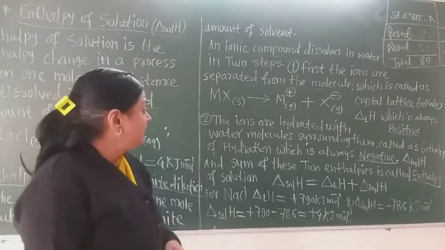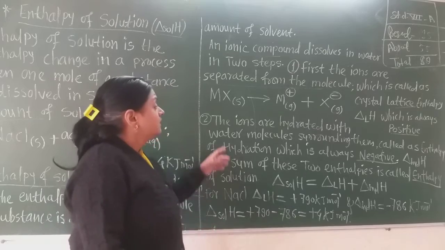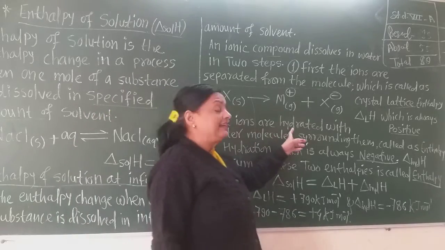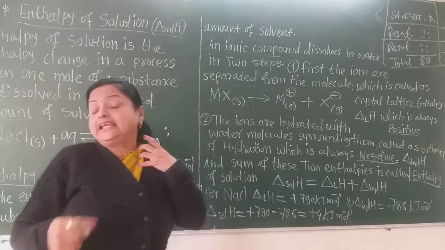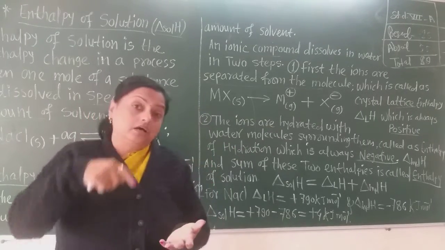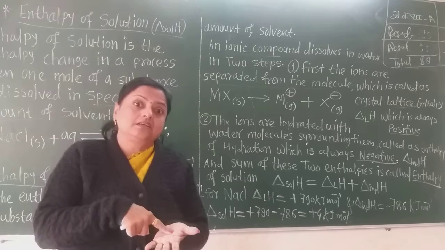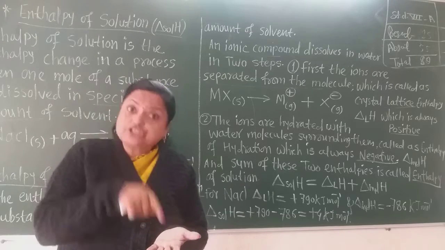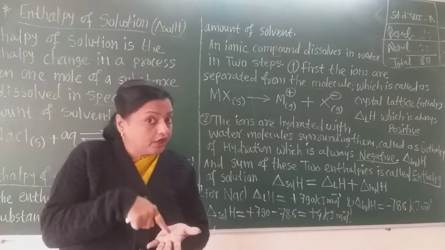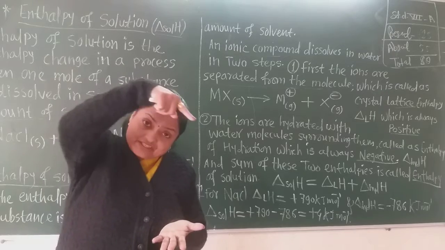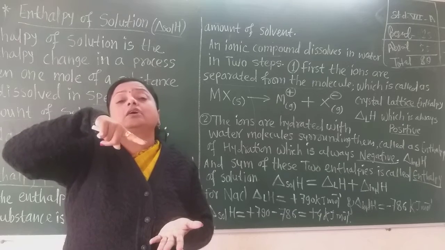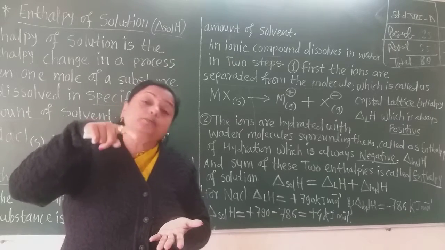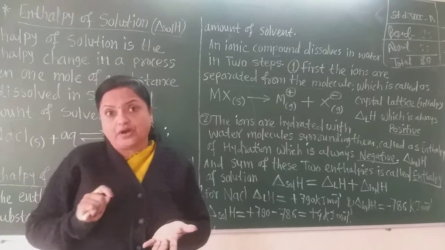And the second step is that the ions are then hydrated with water molecules. In the 11th standard we learned that when the ions are dissolved into a solvent such as water, the positive ions get surrounded by the solvent molecules in such a way that the negative pole of the solvent is towards the positive ion.